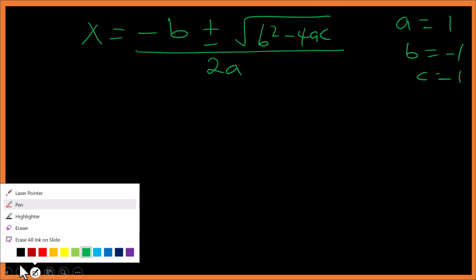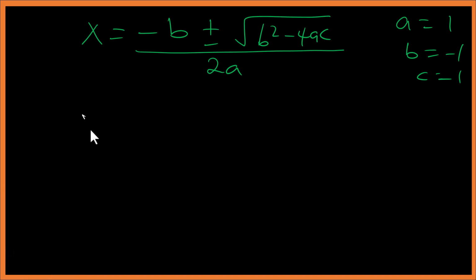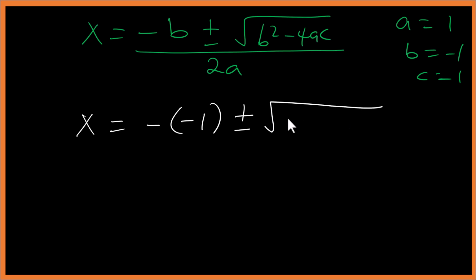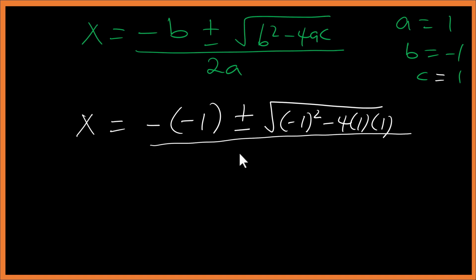So remember, a is 1, b is -1, and c is 1. Alright, so let's proceed with how to calculate the next solutions. We have b as -1, so this will be -(-1) plus or minus the square root of (-1) squared minus 4 times 1 times 1, c is 1, on 2 times a, which is 1.